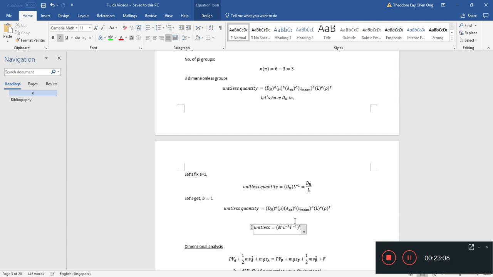Next thing we need to know is how we are going to get rid of these units and make it dimensionless. How can we combine all these variables to make a unitless quantity? Alright, probably see you in the next video because it's already very long. We'll continue our discussion in the following video.